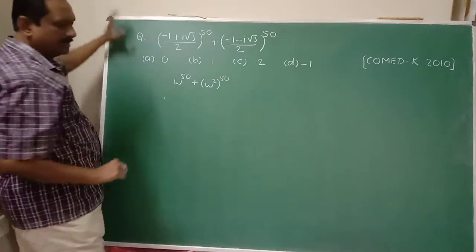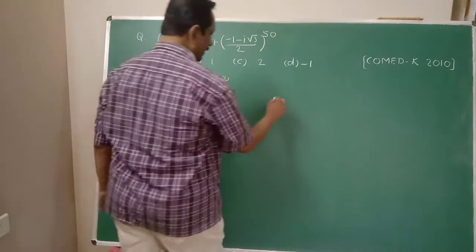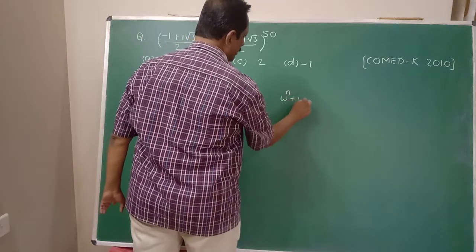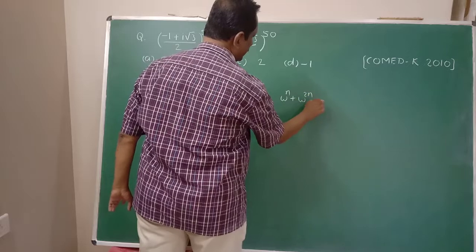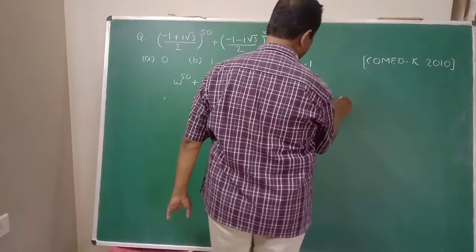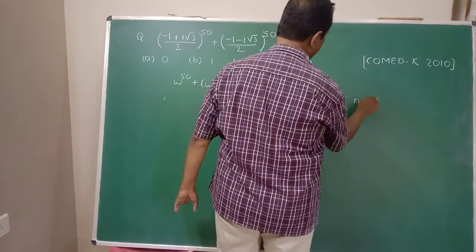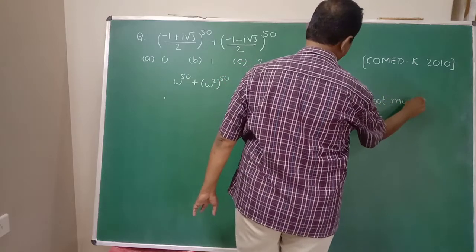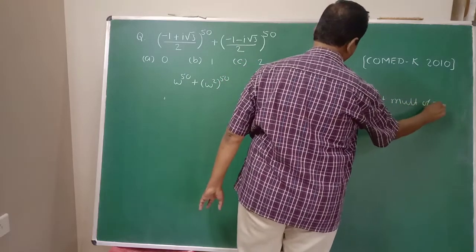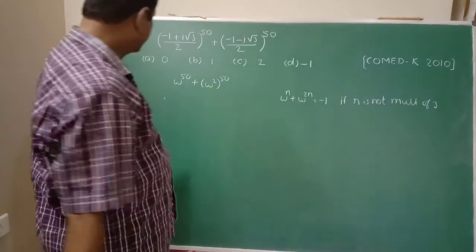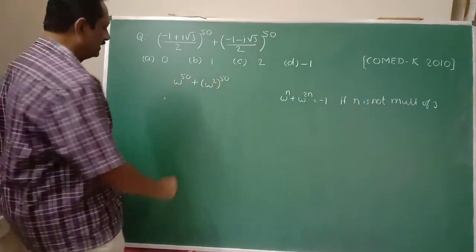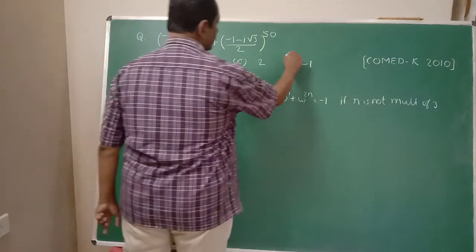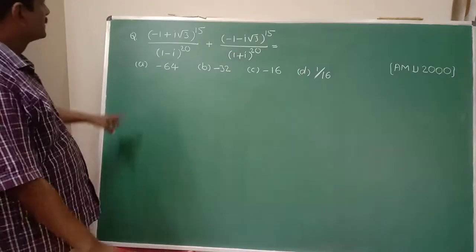In the previous example, I gave the formula: omega raised to n plus omega raised to 2n is equal to minus 1 if n is not a multiple of 3. Yes, 50 is not a multiple of 3. Then obviously the answer is minus 1. So D is the correct option, minus 1.